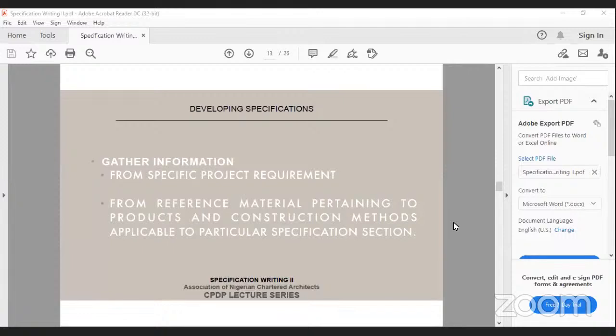Sometimes you have the opportunity of having the catalog from the manufacturers of those tiles, where they could tell you where you could use those particular tiles, the areas you could use them, the areas you shouldn't use them, how you are expected to prepare the area before you install them, how you're expected to install them, and how you're expected to care and maintain them. So that's one of the ways of gathering information.